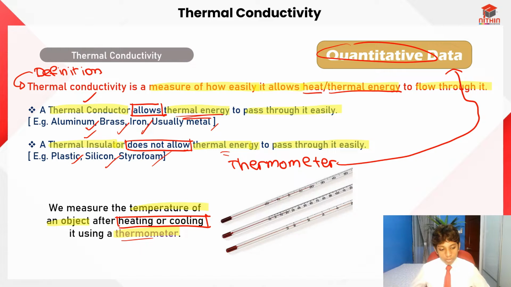Okay, so again, quantitative data. I hope you understood this physical property of materials, basically of matter, thermal conductivity. So we can tick that off. Now let's move on to the next physical property.